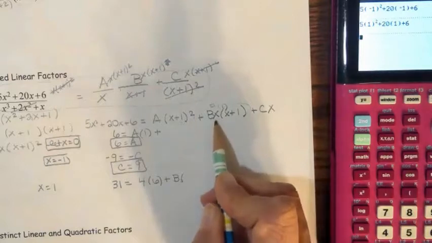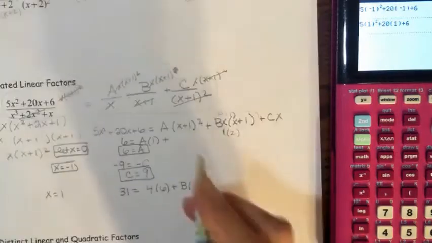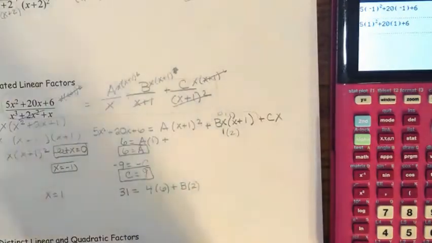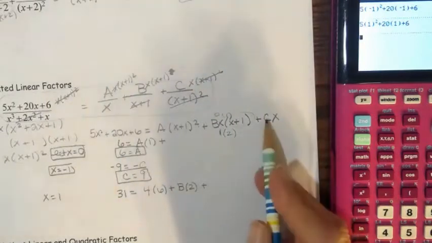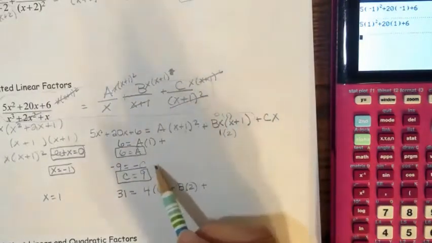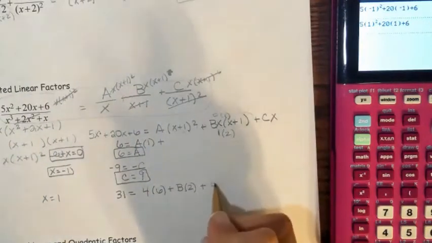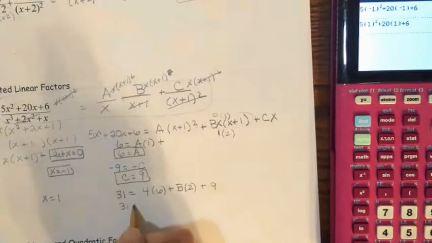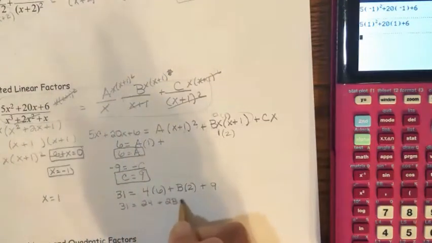Times 1 times 1 plus 1 is 2. So really that's times b times 2, or 2b, plus c, which c we found was 9. So 9 times 1 is 9. So 31 equals 24 plus 2b plus 9.